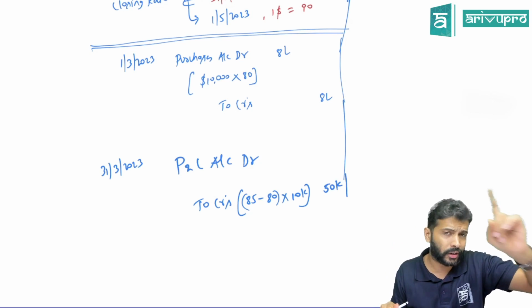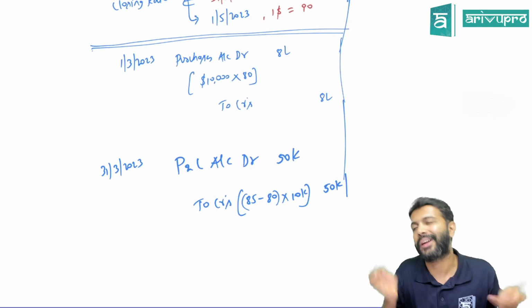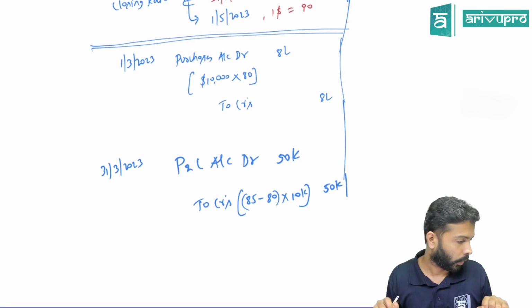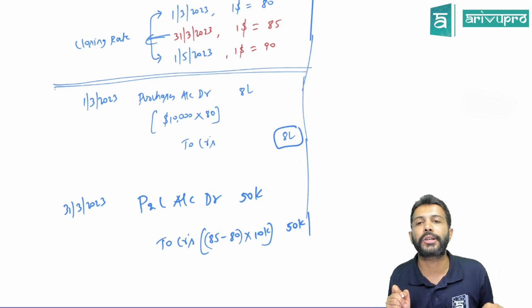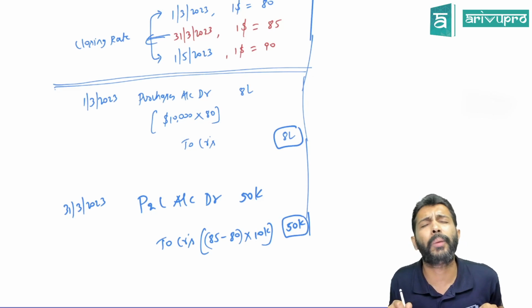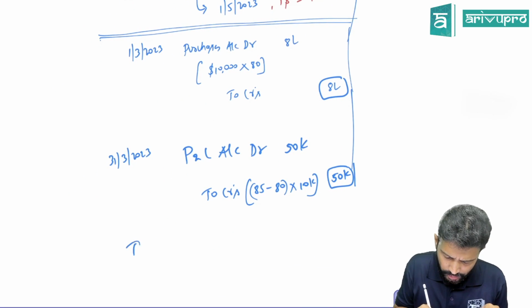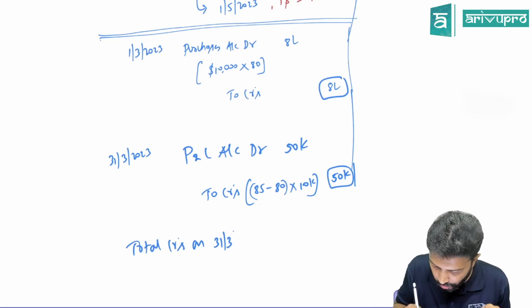Both the gain as well as loss go off to P&L. That's all. Or in one more way, creditor, you credited initially by how much? 8 lakh. Now you credited by how much? 50,000. Total value of creditor is 8,50,000. The total creditors on 31st March 2023 is 8,50,000.